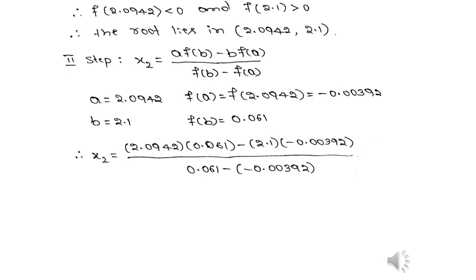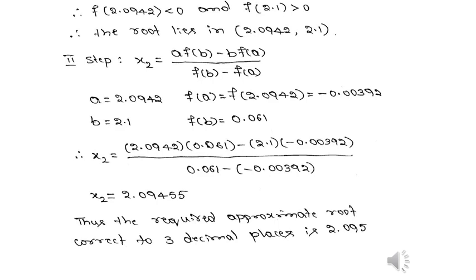You will get this. Simplify this. You got one new root x2. Now you can conclude our answer, because the second approximation is almost the same as the first approximation, because x2 and x1 are almost the same.